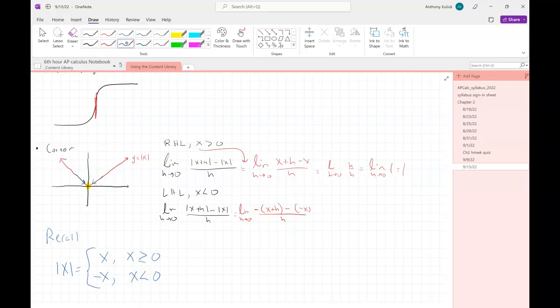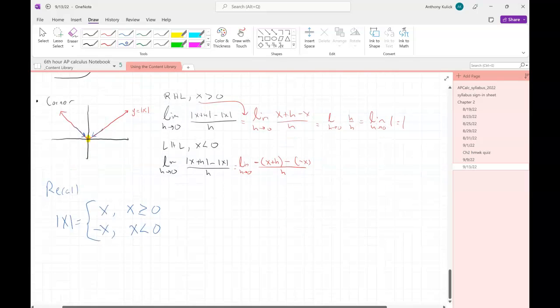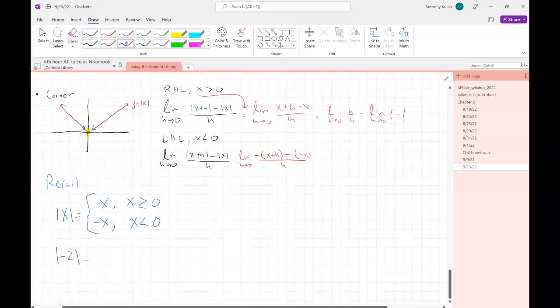And if x is less than 0, then we make it negative x, right? So the absolute value of negative 2 would be the negative of negative 2, or 2, right? If we negate everything that was negative, you get the positive. If you don't negate anything that's positive, you get the positive. That's how the absolute value is working. So that's where the negative signs are coming in. Is that okay?